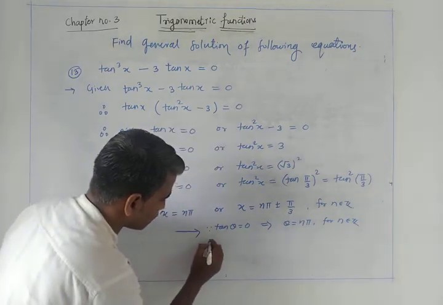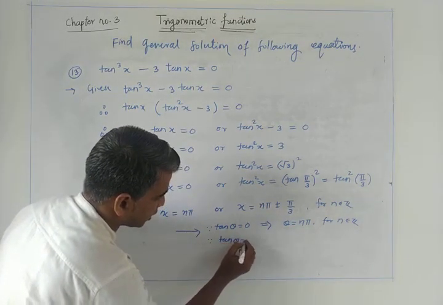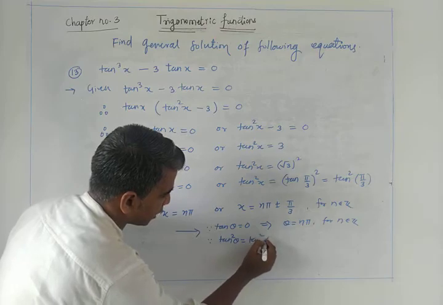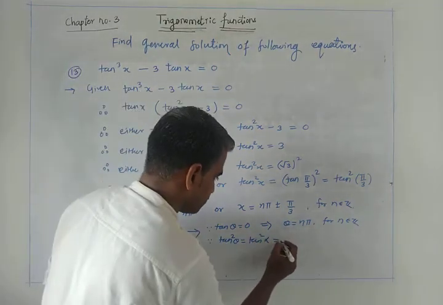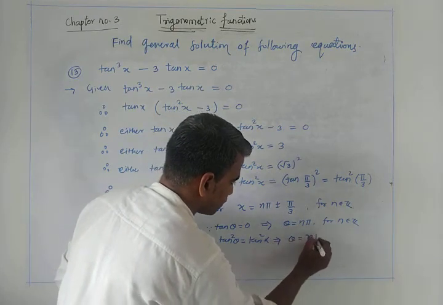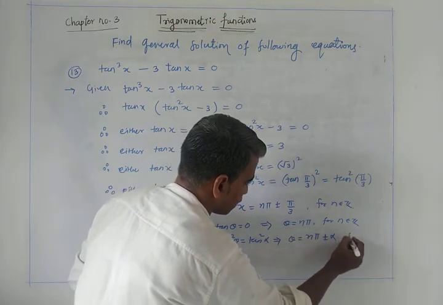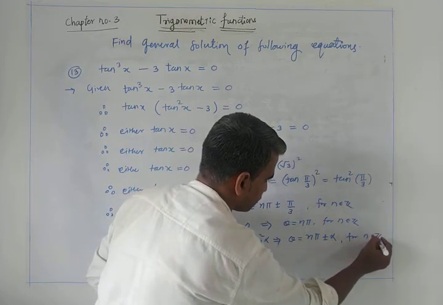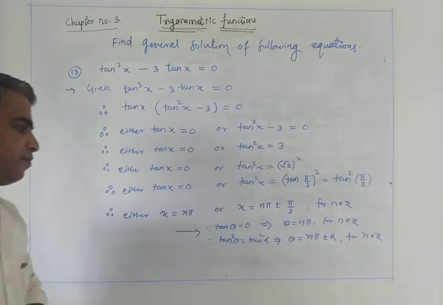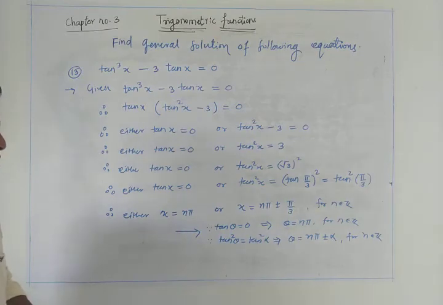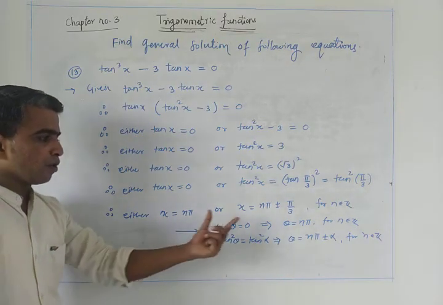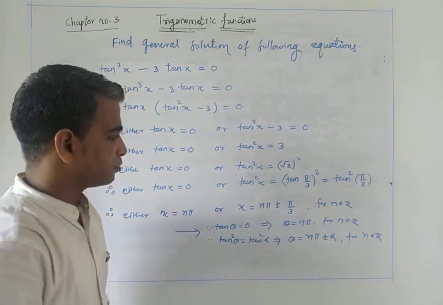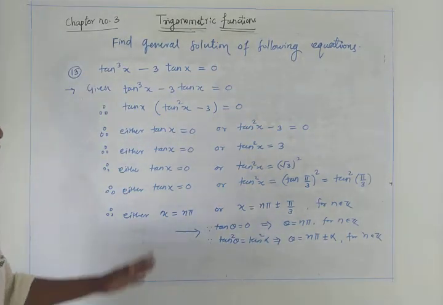And another formula we use: tan square theta is equal to tan square alpha implies theta is equal to n pi plus minus alpha for n belonging to Z. Okay, see, this is the way we are going to get the solution. So for this question there are two answers: either x is equal to n pi or x is equal to n pi plus minus pi by 3. Is it clear?